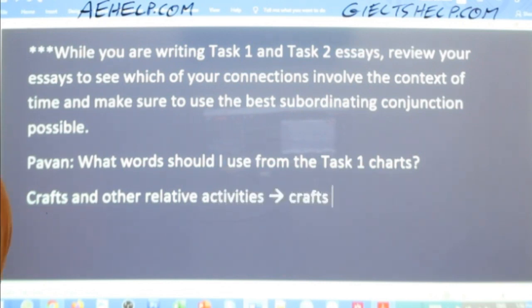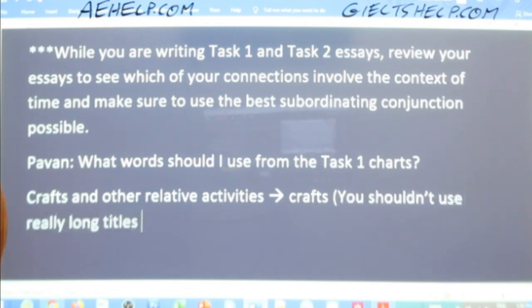You shouldn't use really long titles from the charts in your essay if it's not necessary.